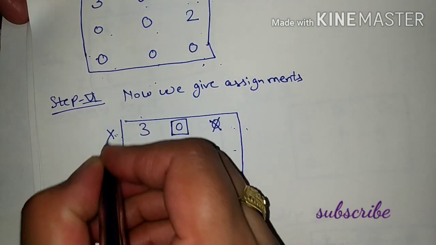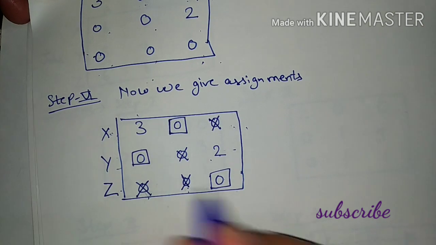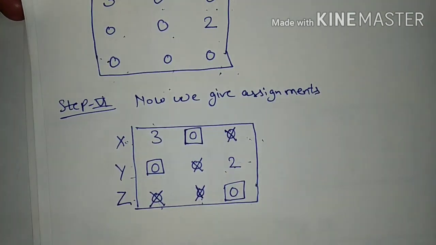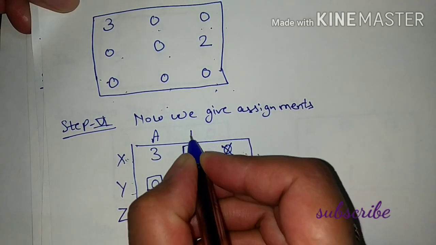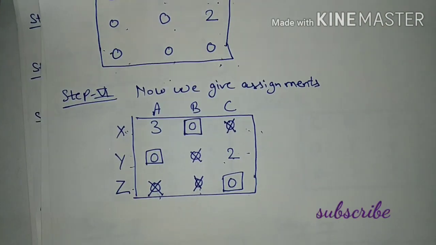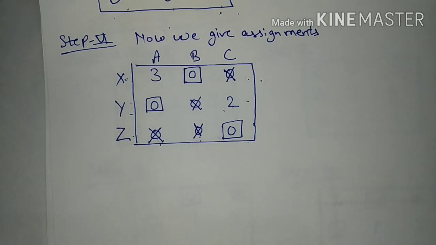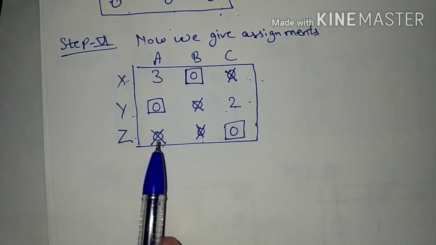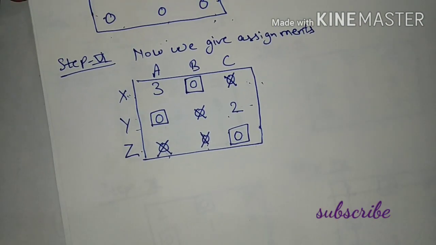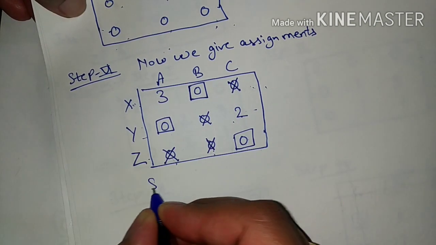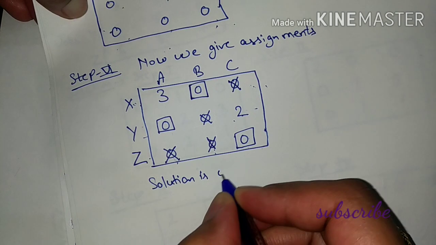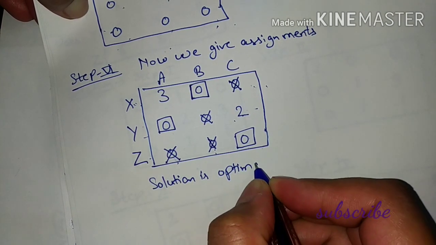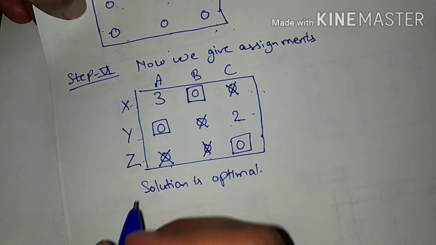Job X, Y and Z and machine A, B and C. Since each row and each column has one and only one assignment, that solution is optimal.